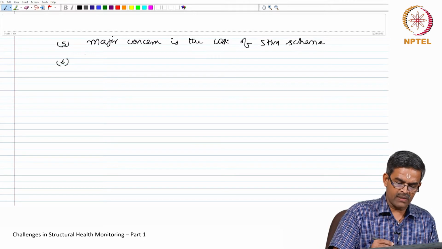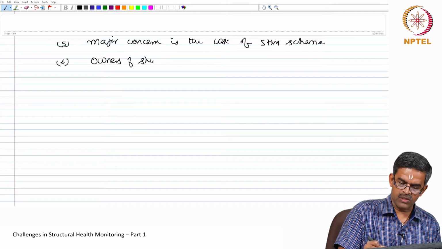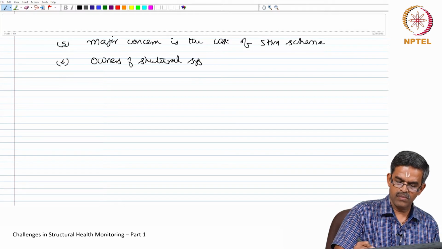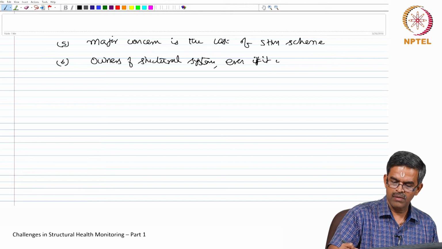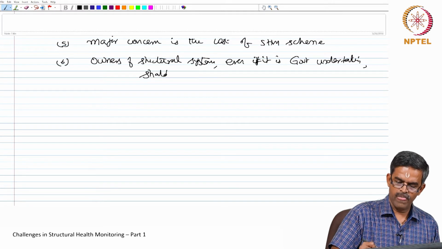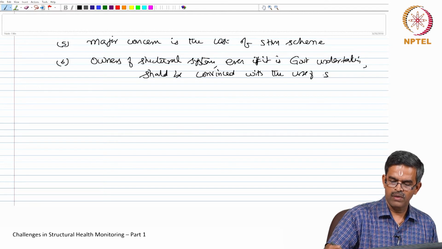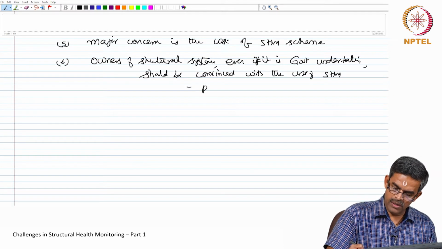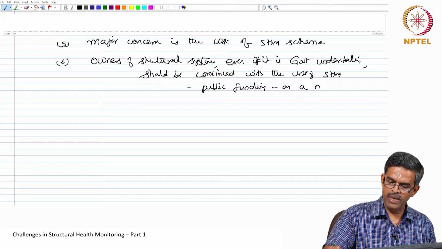The next very important factor, the owners of structural system, even if it is government undertaking, should be convinced with the use of SHM, because it invokes public funding on a major investment.